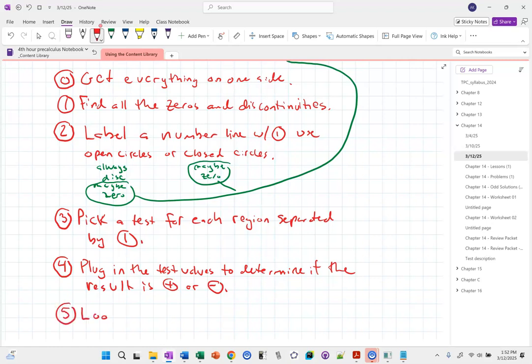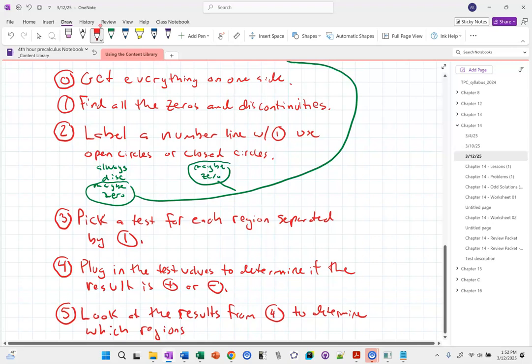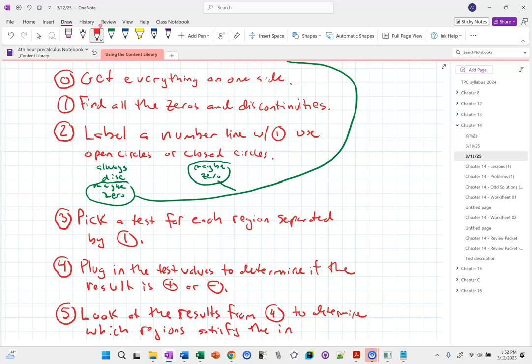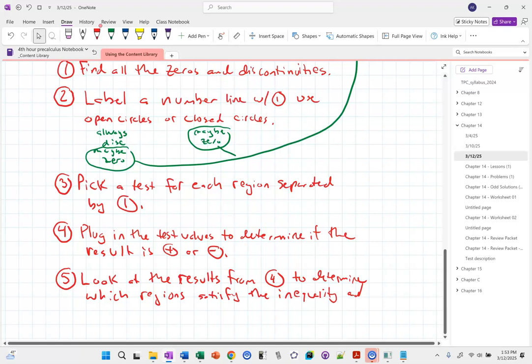And our last step is to look at the results from the previous step, which was 4, to determine which regions satisfy the inequality. And then we'll write those intervals.